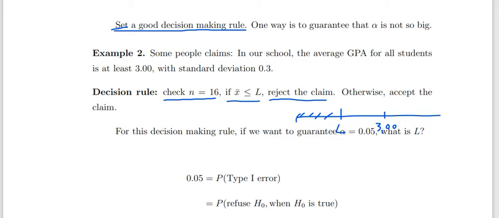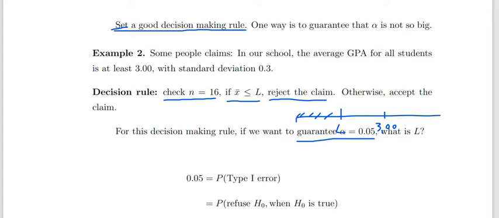So we want to find this L such that we can guarantee alpha is 0.05, that is, applying this decision making rule makes the type 1 error at most 0.05. So what is this L?